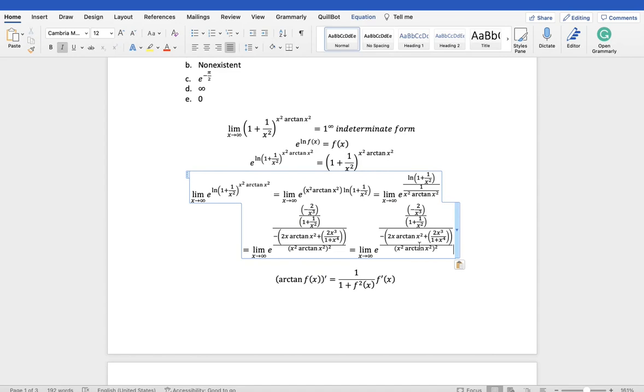Okay, so let's first simplify the expression in the numerator. So in the numerator, when you divide these two, you would now have minus 2 divided by x cubed multiplied into 1 plus 1 over x squared, right?